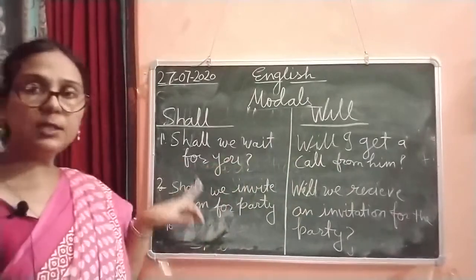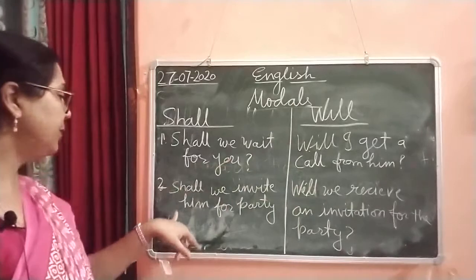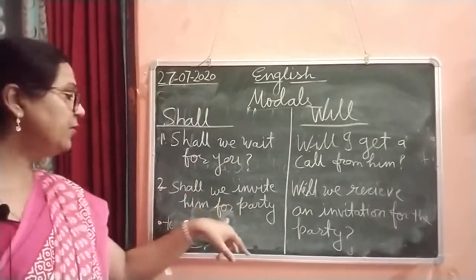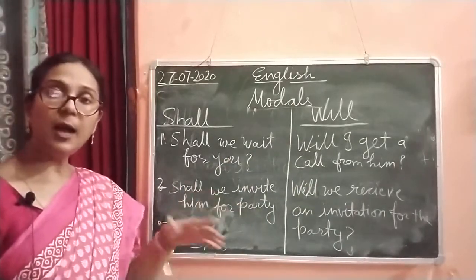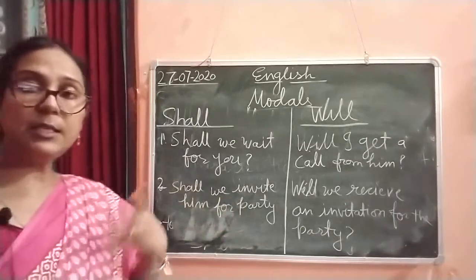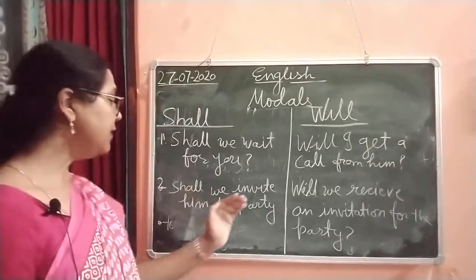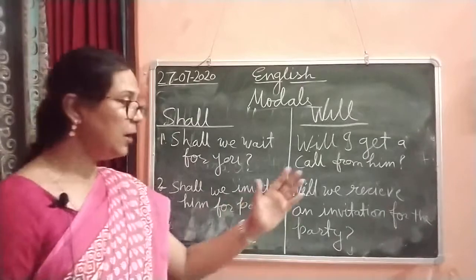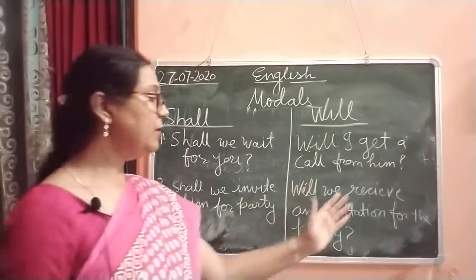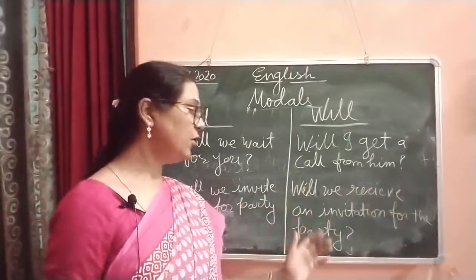Now the second example. "Shall we invite him for the party?" We are seeking permission. And now here you can see, "Will we receive an invitation for the party?"